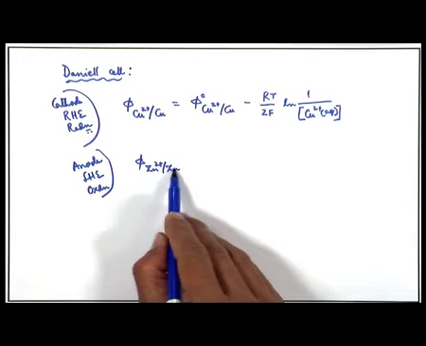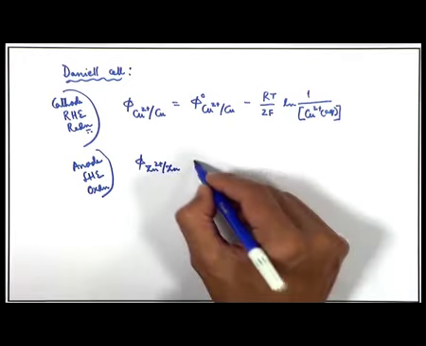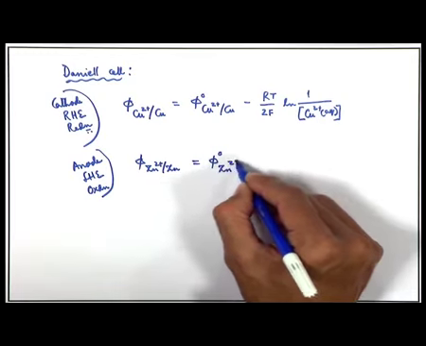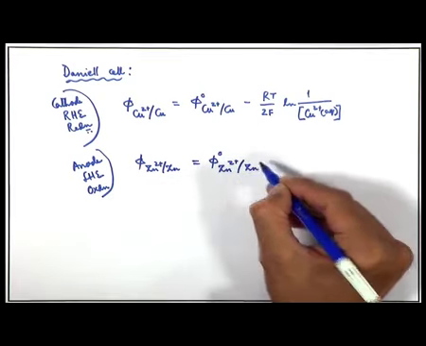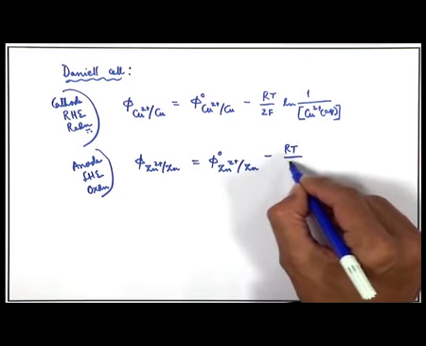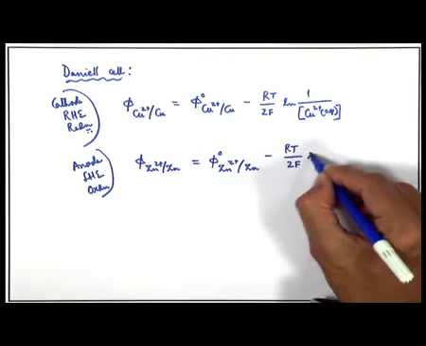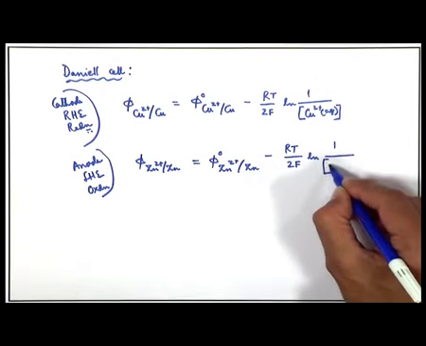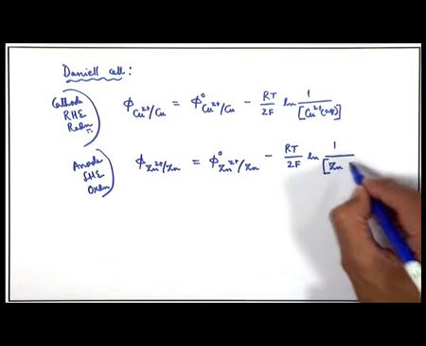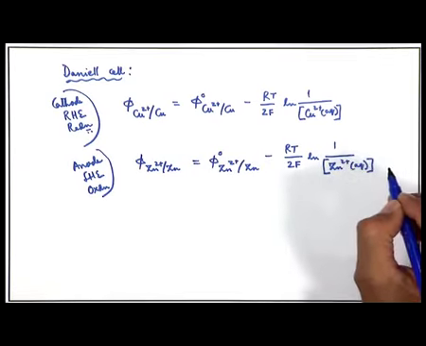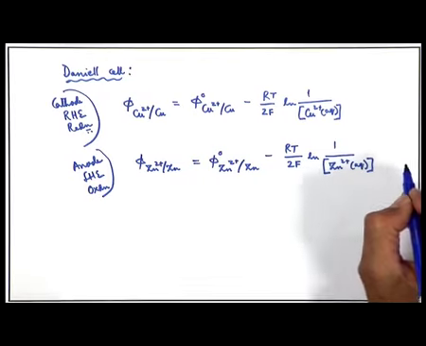So, phi 0 Zn2+|Zn minus RT by 2F ln 1 by the concentration of Zn2+ aqueous. Okay. So, therefore, what do we get?